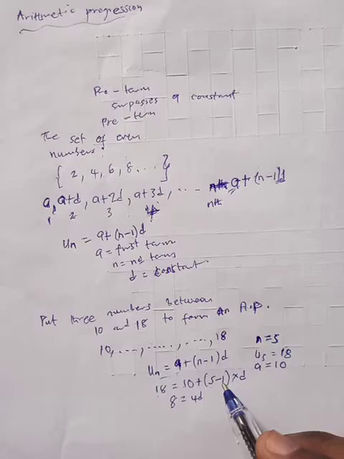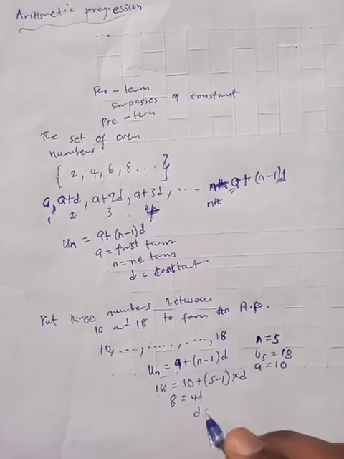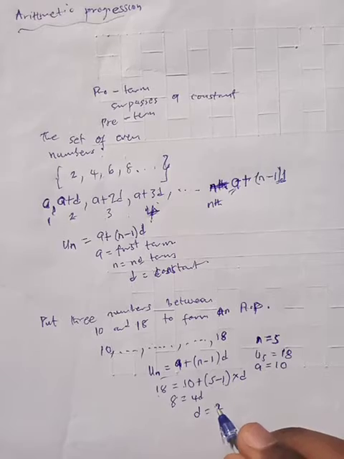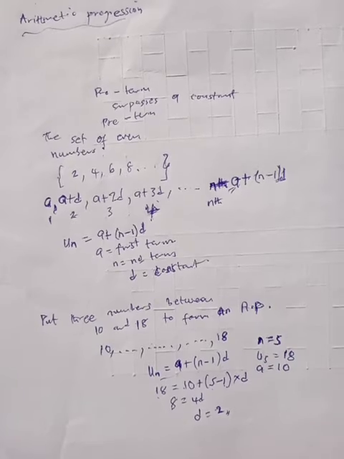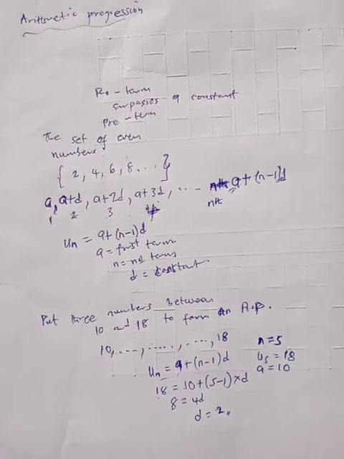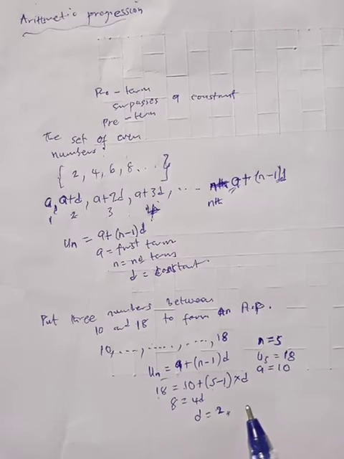Then 5 minus 1, we will have 4. So 4d. That means that d is equal to 2. Simply as that, guys. But we know that the difference between two consecutive terms is a constant. So now we don't know whether we are adding to get the next term or we are subtracting to get the preceding term.